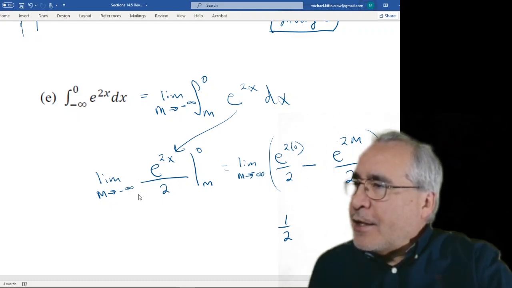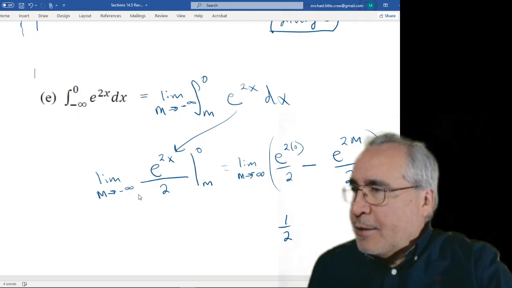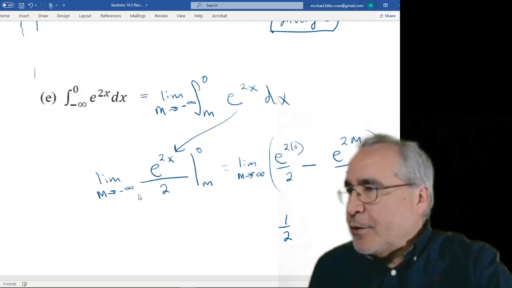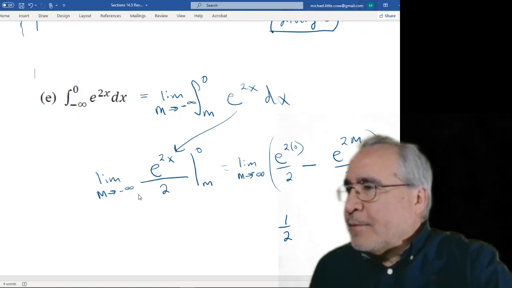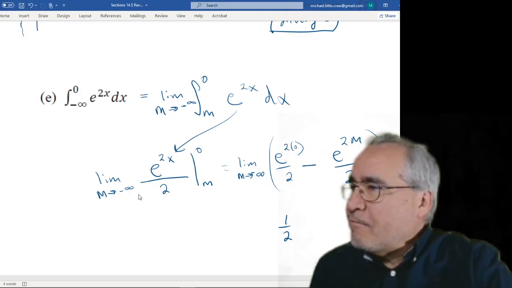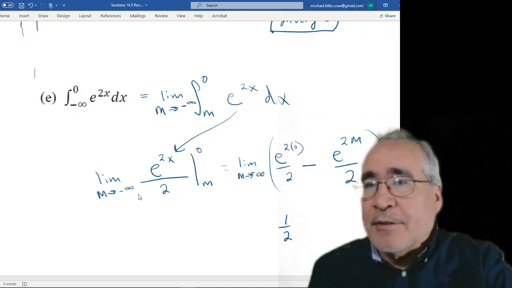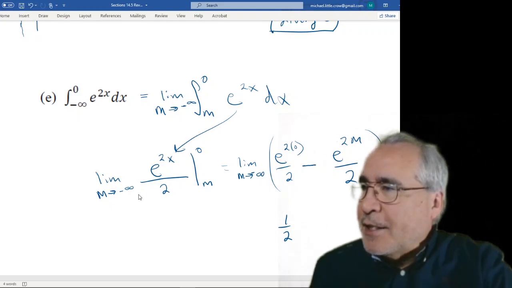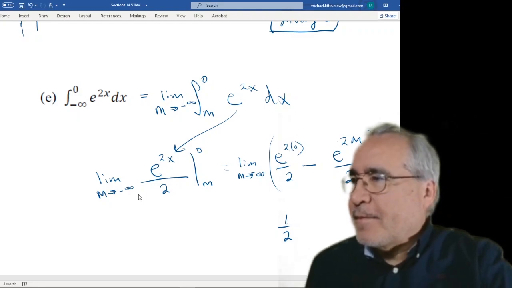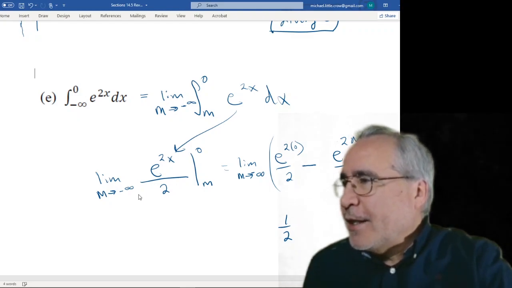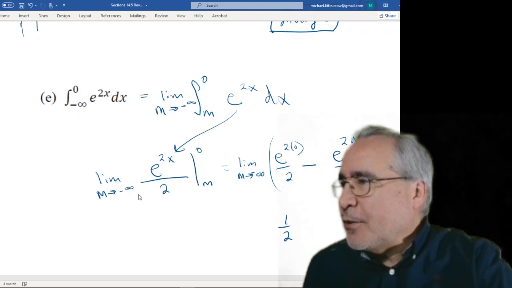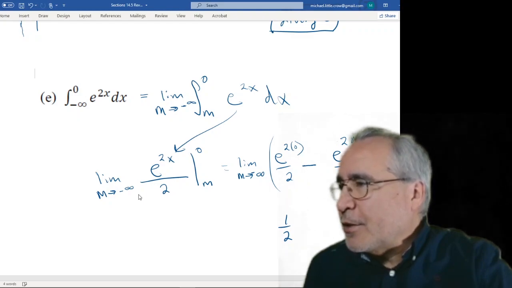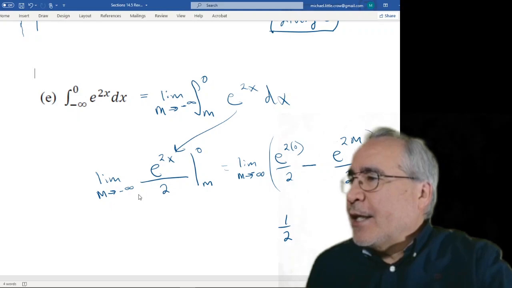So this is like e to the minus 2m over 2, where I move the negative down.